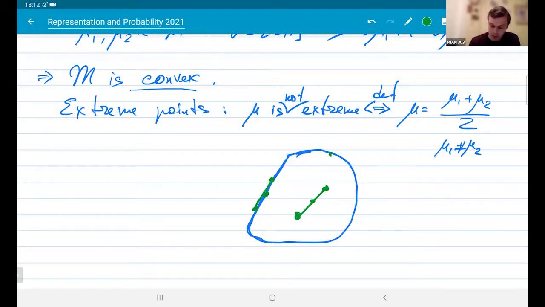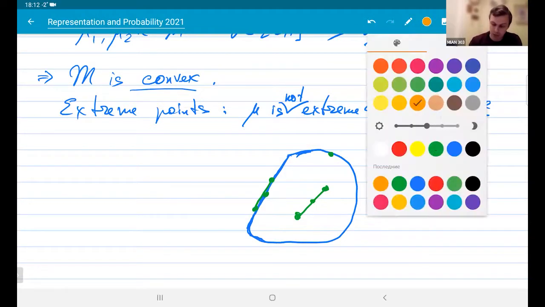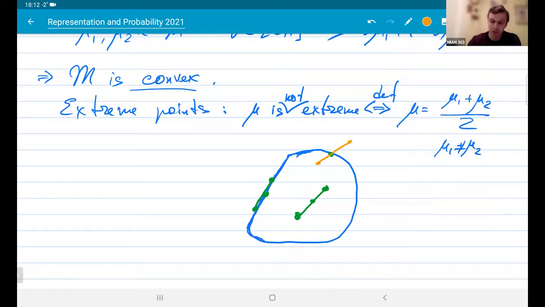But for example, this point is extreme because however you choose this segment, one of its ends doesn't belong to our set. Of course, the set here is this, so it's with its interior. So here the set of extreme points is this curve.